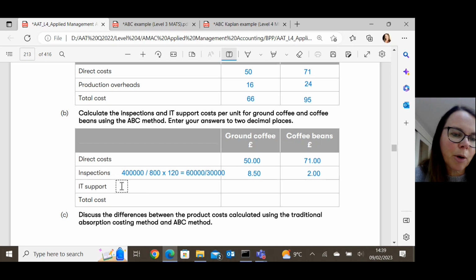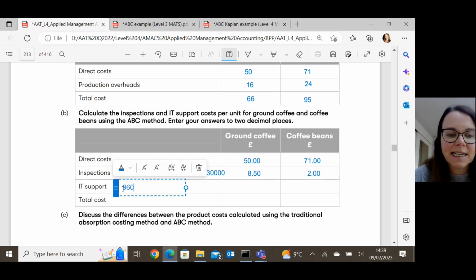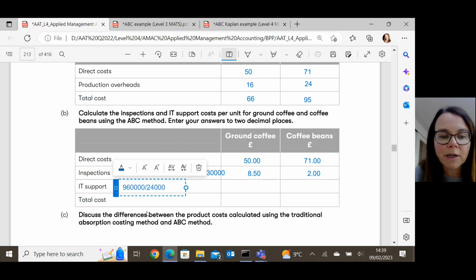So for IT support, we are saying that we've got a total of £960,000, which relates to a total of 24,000 support hours, which was the cost driver. And then for the ground coffee, we will times that by the 20,000 hours.